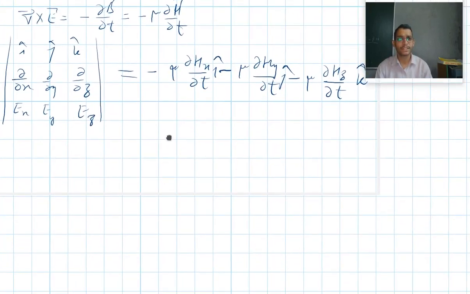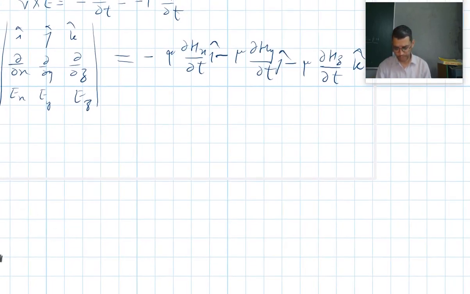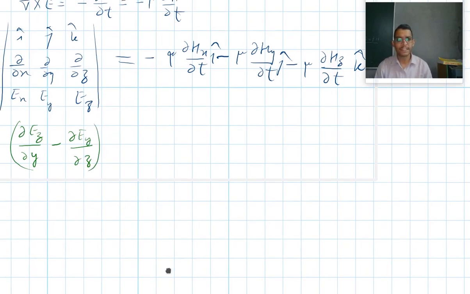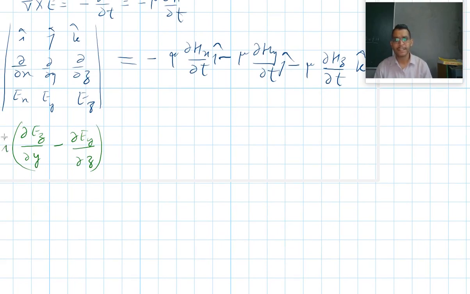I started from here. So if I do a little algebra, then this equation can be written as curly Ez over curly y minus curly Ey over curly z i cap plus j cap, and along this if I operate then it is negative, so to make it positive I will operate it along this way.